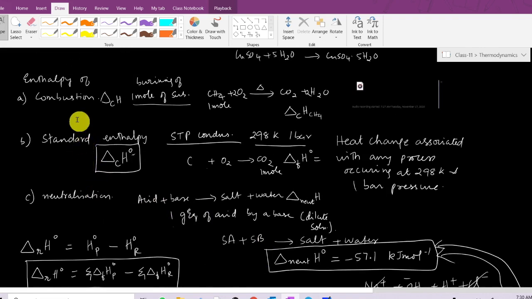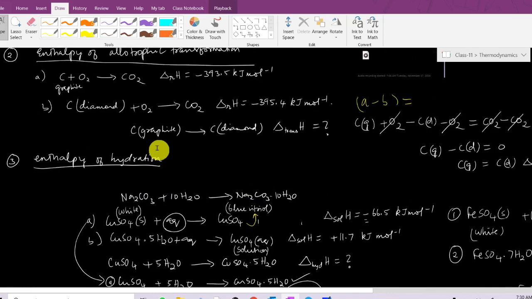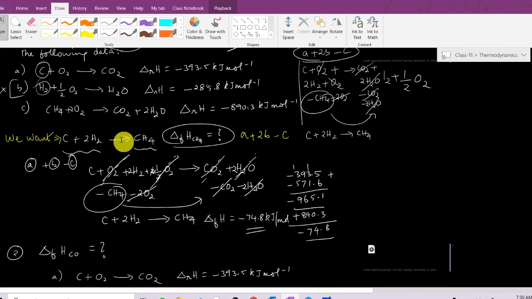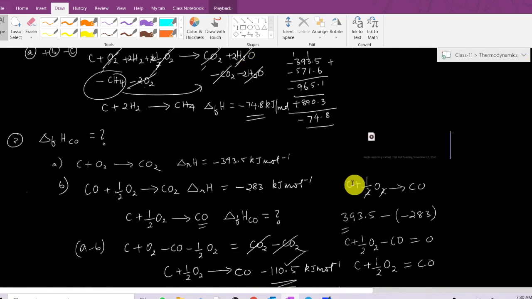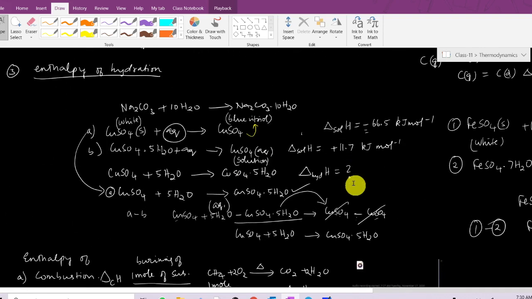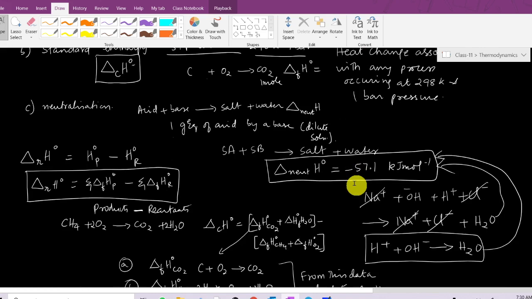Previously we saw enthalpy of combustion, enthalpy of hydration, enthalpy of allotropic transformation, enthalpy of formation, enthalpy of solution, enthalpy of dilution. Whatever process you do, there will always be a heat change associated with that process. That is called the enthalpy change.